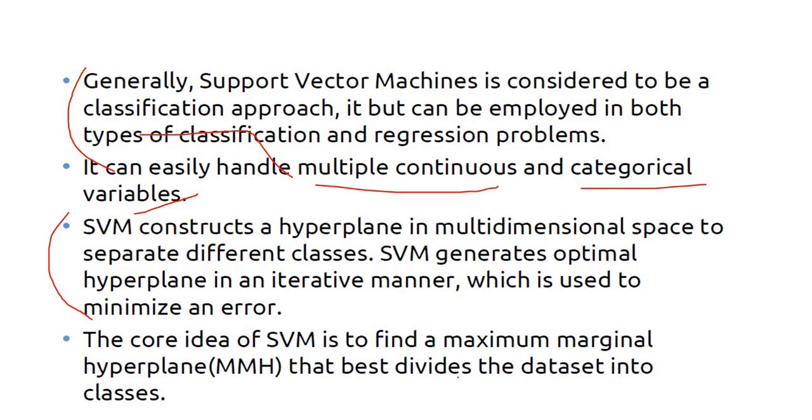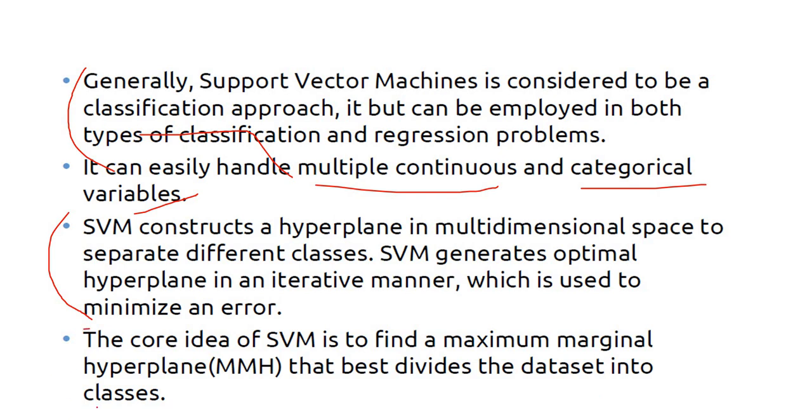That is called a hyperplane. But there is a small part. SVM doesn't just randomly create a boundary. It iteratively finds the best possible hyperplane that minimizes error and gives the best separation between classes.